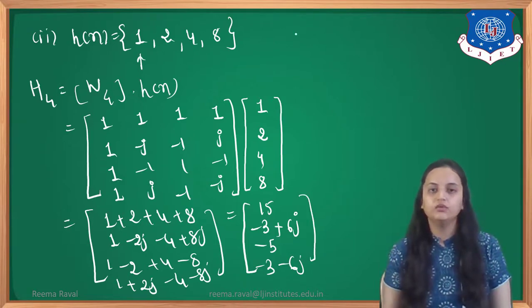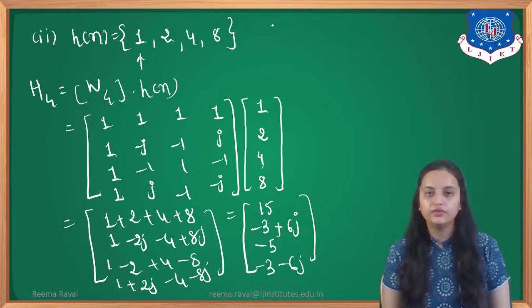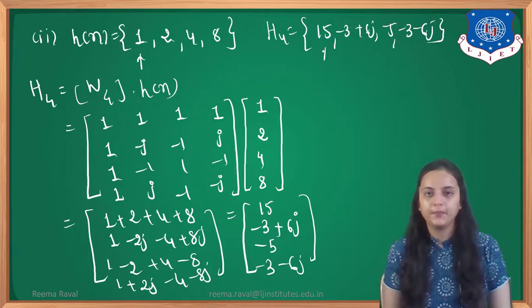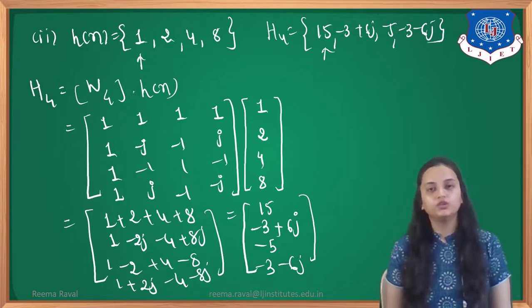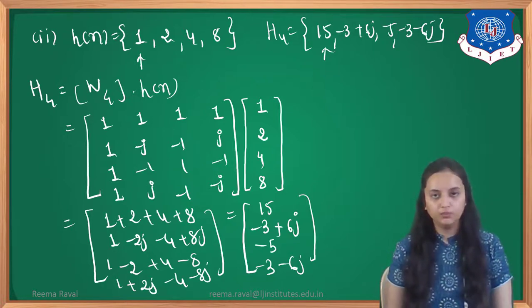So this is the value of h4, which is given as 15, minus 3 plus 6j, minus 5, minus 3 minus 6j. Okay, this is the answer for the second DFT sequence. Alright, this is how you can find the values of DFT using individual sequences given as the input.